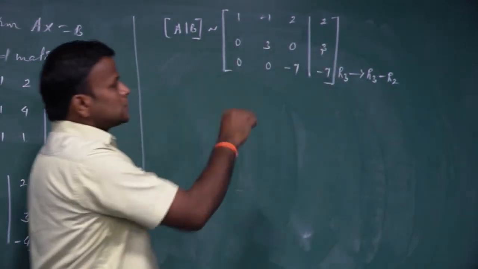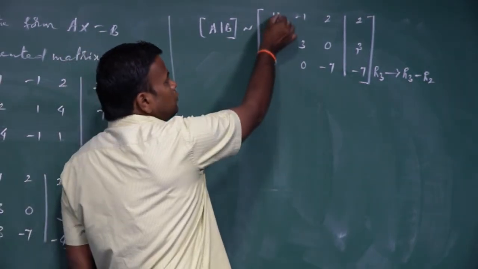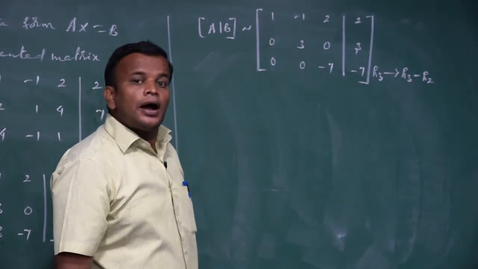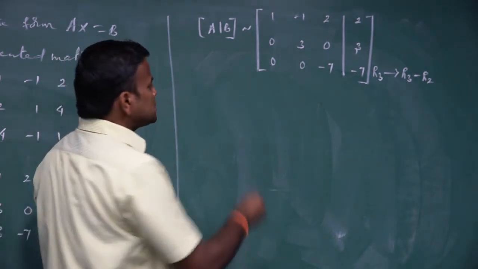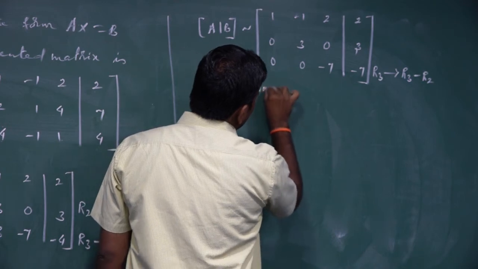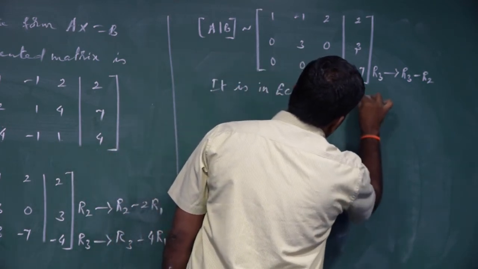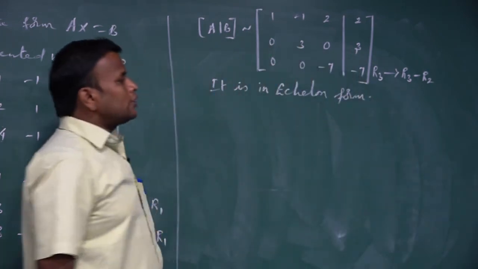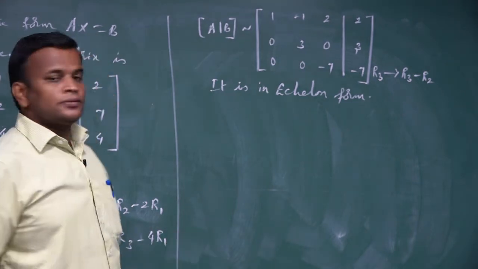Now we see this form is called an echelon form. The first element is non-zero, and at least the triangle shape of elements becomes 0. So now we write that it is in echelon form. But to solve the problem by the rank method, next we check the rank.